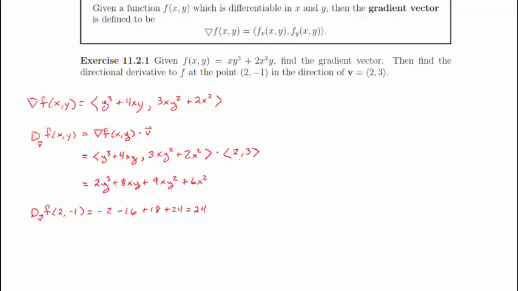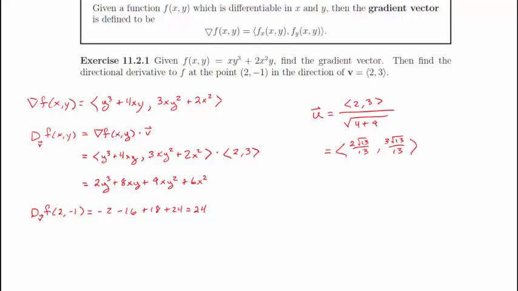Oh, I totally made a mistake. Let's fix this up here. We need a unit vector, not the original vector, so we need to find u. This equals (2, 3) over the square root of 4 plus 9, which equals the vector 2 root 13 over 13 comma 3 root 13 over 13.